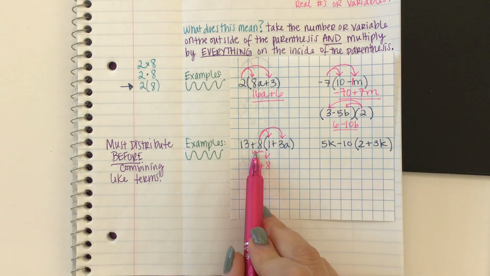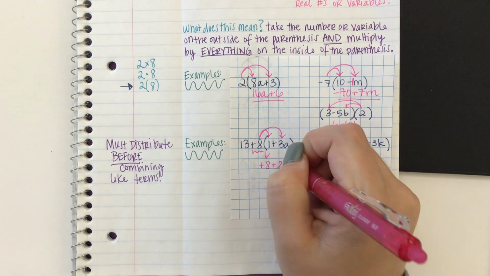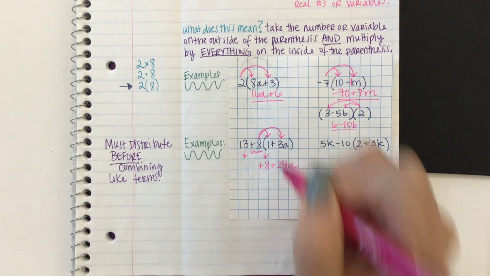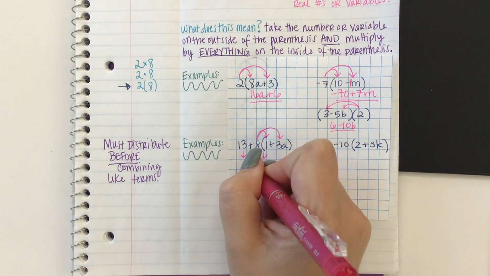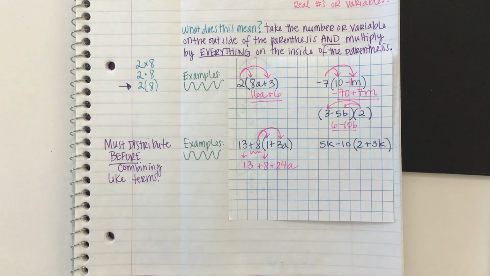And I have positive 8 times positive 3a, which is positive 24a. So we all know our multiplication. And then we drop down whatever we have not used, which happens to be the 13. And now we have this expression right here with 3 terms that we must simplify.